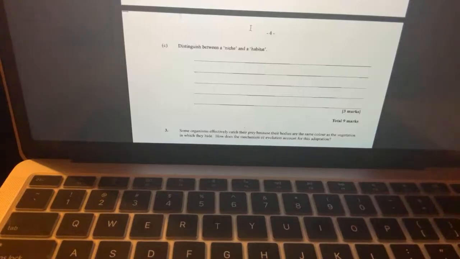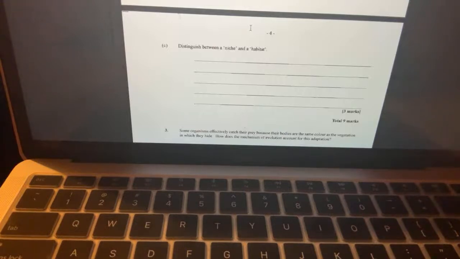Awesome job. Love the answers in the chat. Awesome. So I have the definition for ecosystem. I have the definition for species. We're also looking at the difference between a niche and a habitat. How would you answer that one?